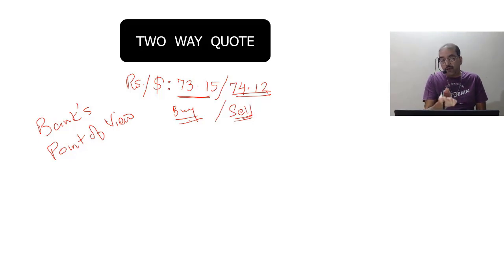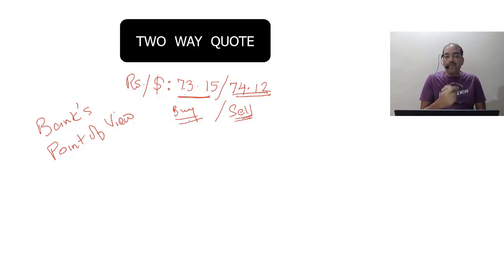Then I will have to select what is the rate applicable for me. The bank says the bank is going to buy $1 at 73.15 and sell $1 for 74.12. I am an importer. I want to buy from the bank.